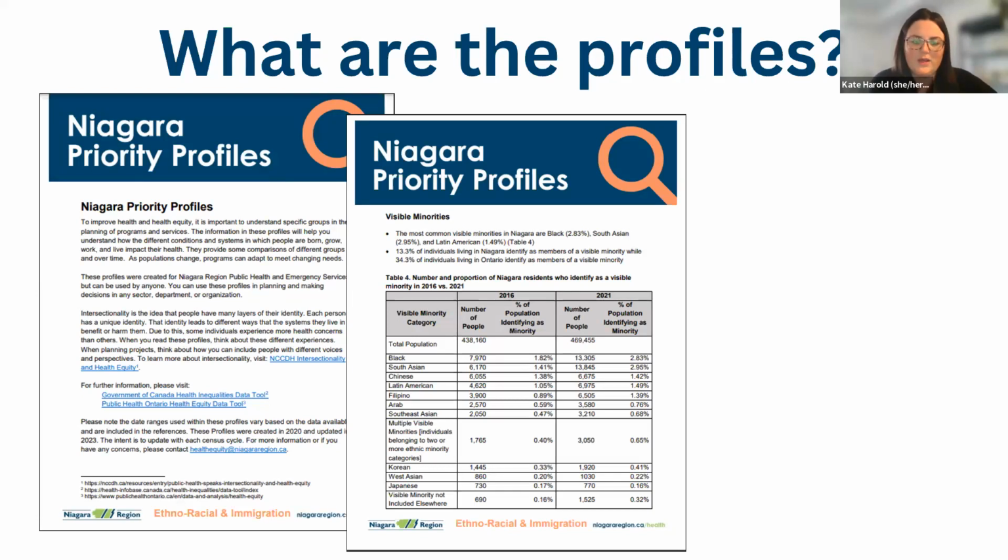Depending on the profile, we either compared year over year, or compared Niagara to Ontario, whatever told a better story that would be more impactful for our staff and community partners to use in program planning. It's an interesting snapshot because you can see there's been an increase in visible minorities across the categories that census provides, which is hopefully an indicator of a more diverse population in Niagara.